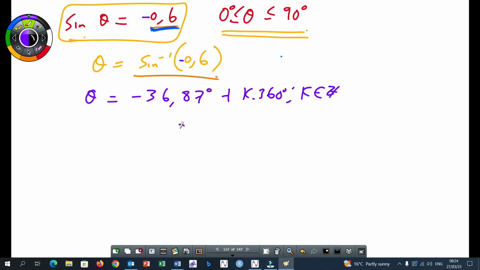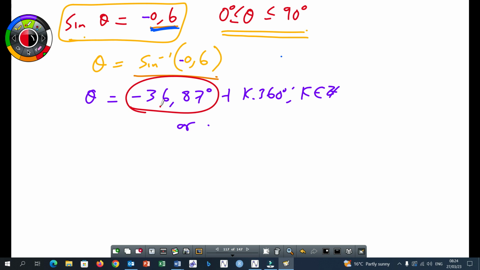Right. So if I write the general solution, it will be plus k times 360 degrees, where k is an integer. Then the second one, because sine has got two general solutions. There are two. Since the ratio is negative, the first general solution in terms of this reference angle, it is in the fourth quadrant. There is no need to convert it to a positive because of this k times 360.